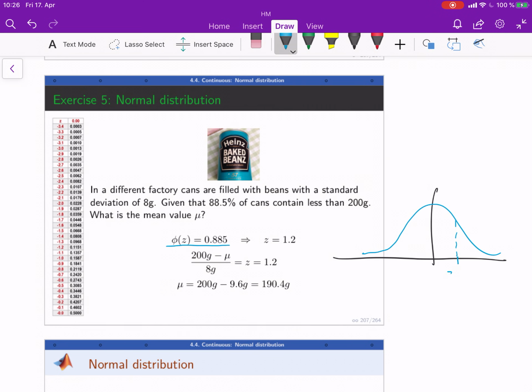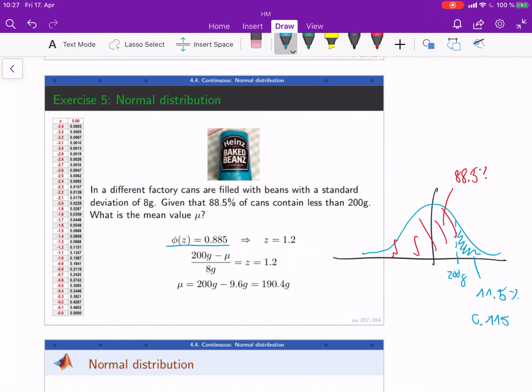This is 200 grams, and we know this is 88.5%, leaving us here on the right with 11.5% or 0.115. Okay.